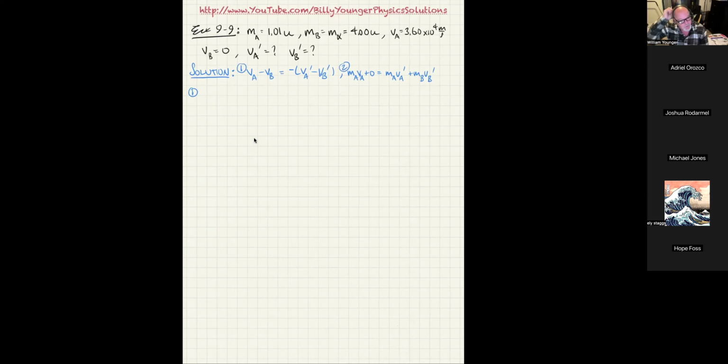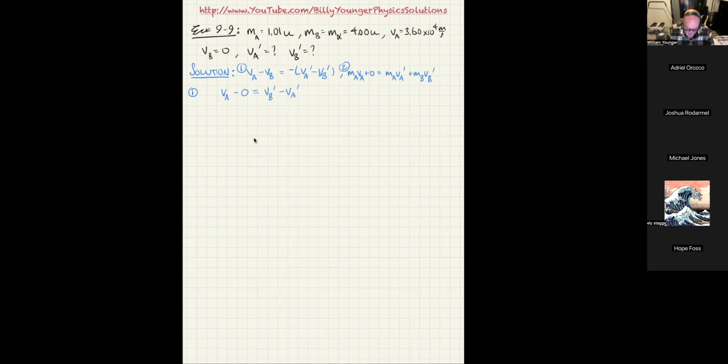I'm going to keep it as a symbol. So I'll just say VA minus 0 is equal to, now I'll distribute the negative, VB prime minus VA prime. So this equation we can call 1 because it is the same equation.